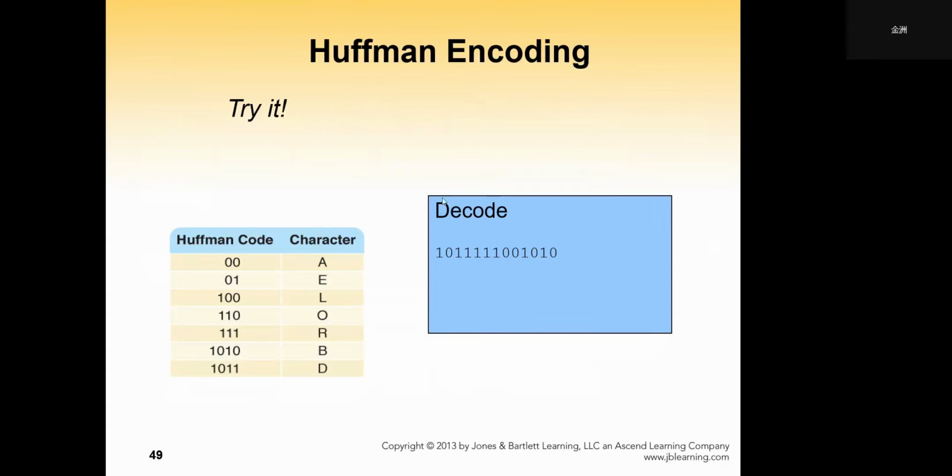So this is an example of how we decode them. We check this string and we first find 1, there's no match, so we check 10, and there's still no match, so we check 101.